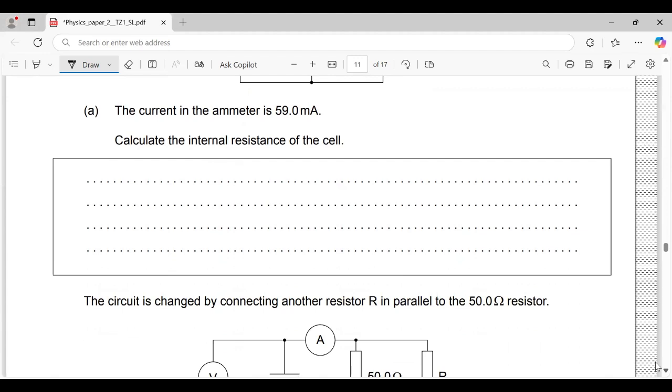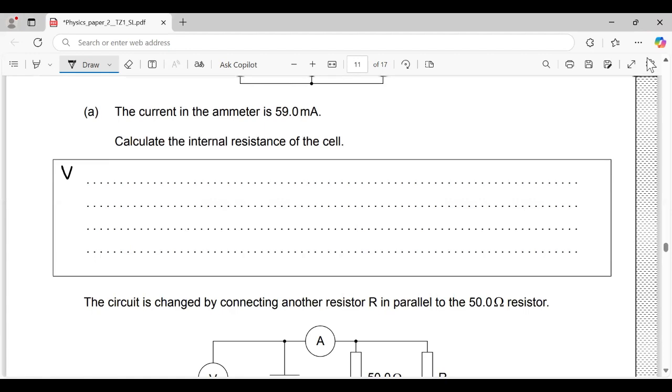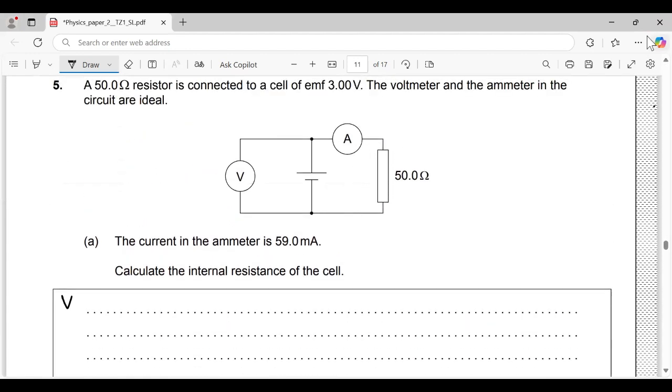Okay, so I would like to identify that the total voltage of this circuit, or the electromotive force, is 3.00 volts according to this number.